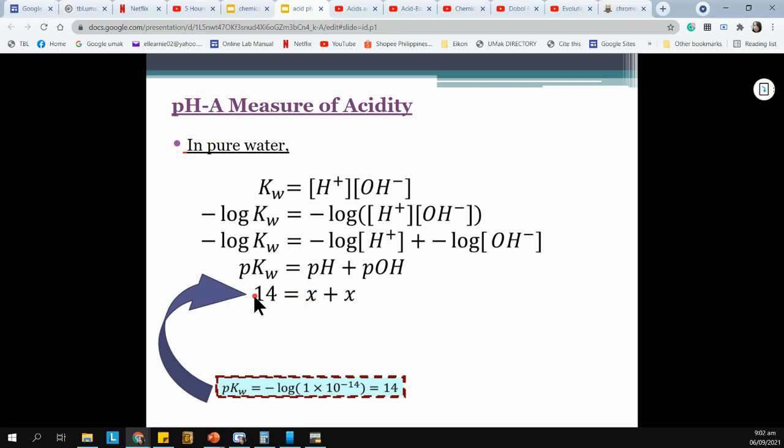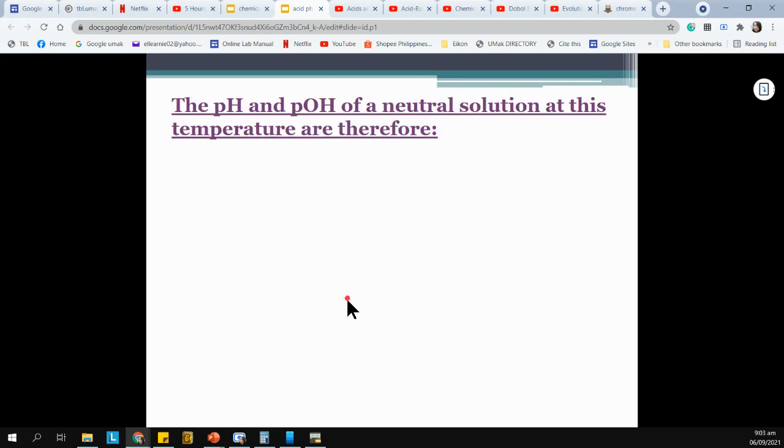Divide mo lang sa 2, and that would have now the value of hydrogen and hydroxide would give you 7. And that is the neutral value. So pag pH niya is 7 pababa, from 7 to 1, that is acidic. From 7.1 pataas, that is basic na. So yung dugo natin is actually more on the basic side, 7.4.